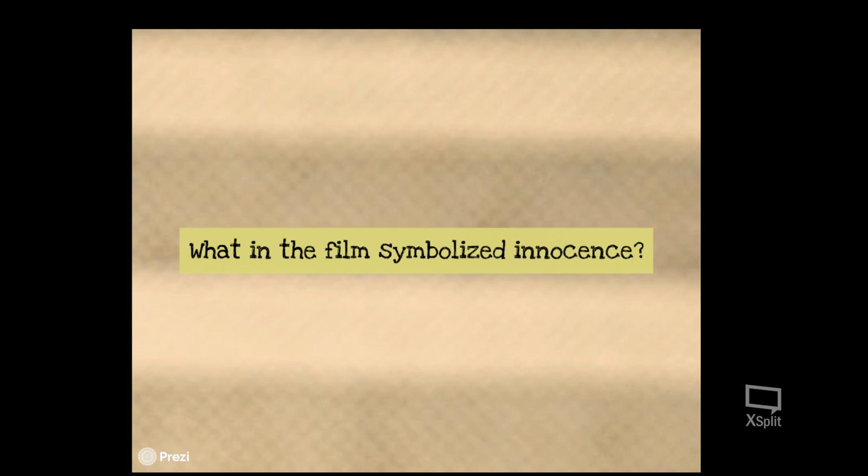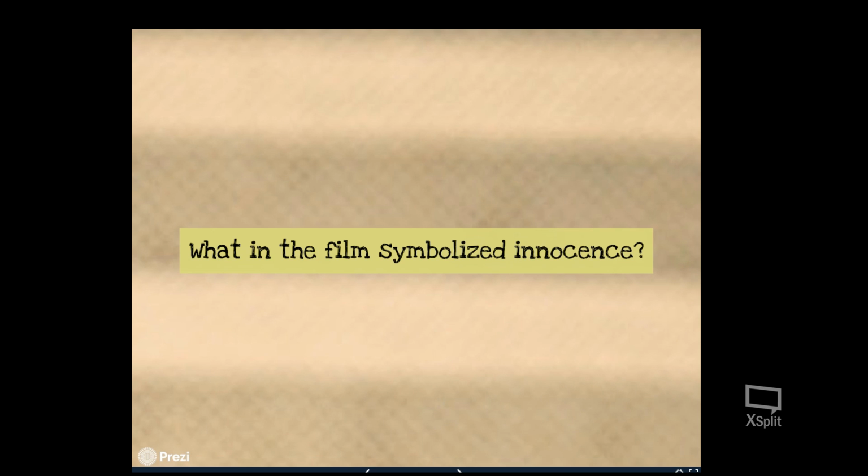Now let's think, what in the film that we just watched symbolizes innocence? This could be a number of different things. This could be anywhere from the girl's little dress to the girl herself, her hair. It's in those little high-low pigtail things.